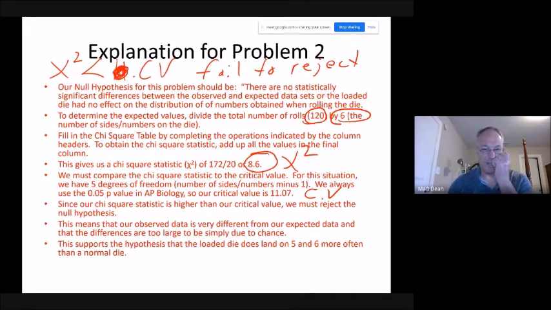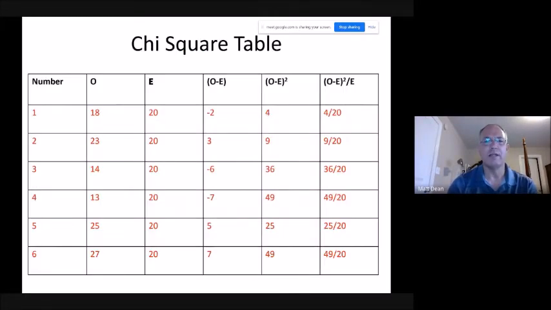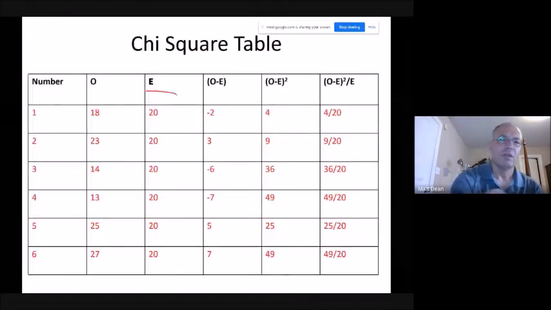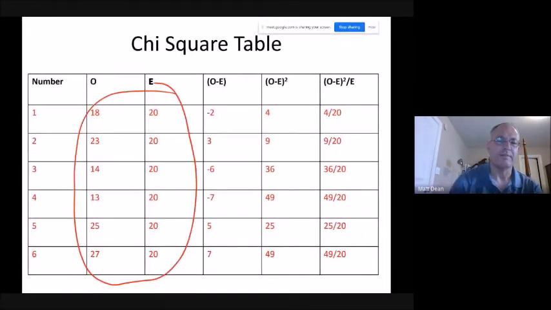Now let's think about what that means. And let's look for a second. So this says our chi-square value is higher than our critical value, and that is not. So that's this, it's lower. So we're going to fail to reject the null hypothesis. Now let's think about what that means. When you fail to reject, that's saying that, let's go back to our data table. Here's our actual data.